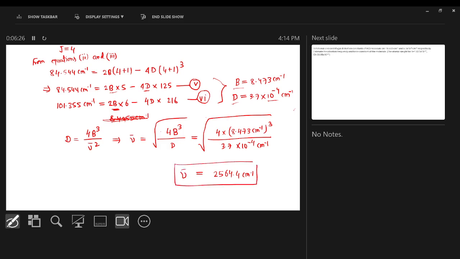So we can estimate the frequency of the vibration of a bond because of rotation in any energy level J. Okay, clear, right? Okay, then we're moving ahead.